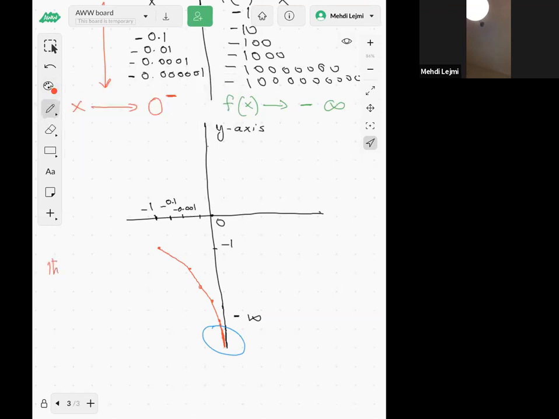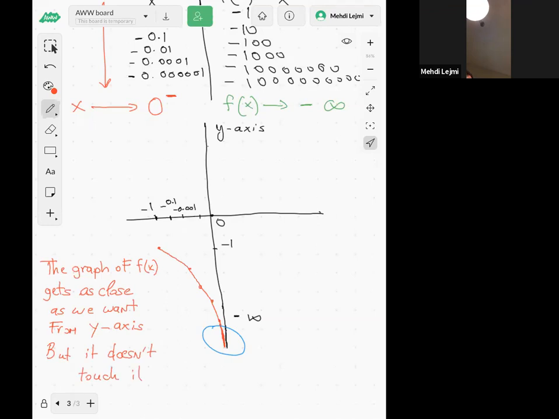So again, the graph of f of x gets as close as we want to the y-axis, but it doesn't touch it, because f of 0 is undefined.